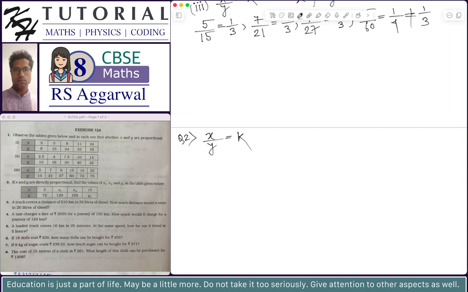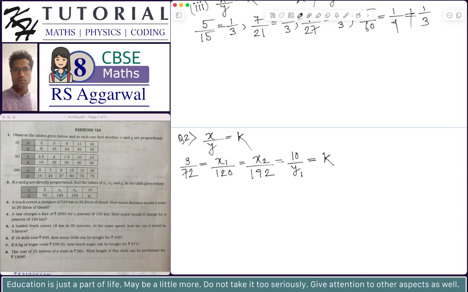Now from the corresponding values given in the table, we can say that 3 by 72 is equal to x1 by 120 is equal to x2 by 192 is equal to 10 by y1, and all these ratios must be equal to k.